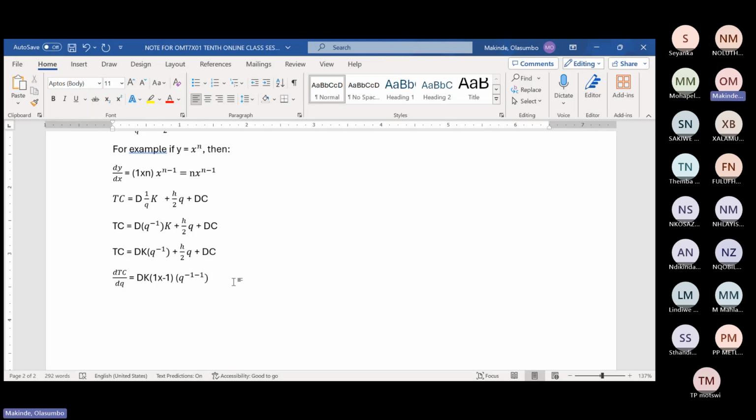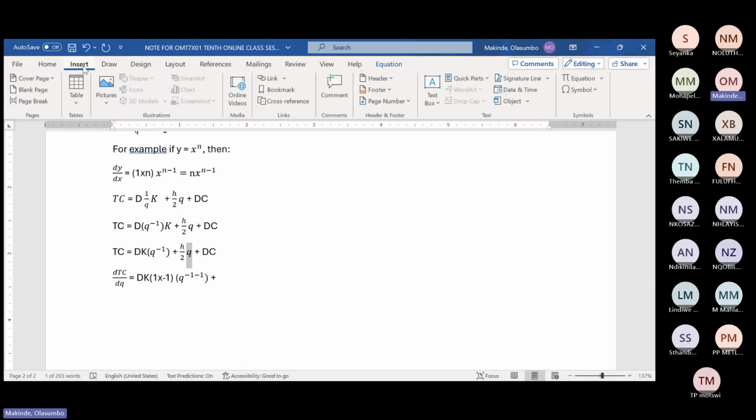Then when I differentiate h/2 Q, this Q, if you look at it, is Q raised to power 1, so that it's easy for you to follow the same principle to differentiate.